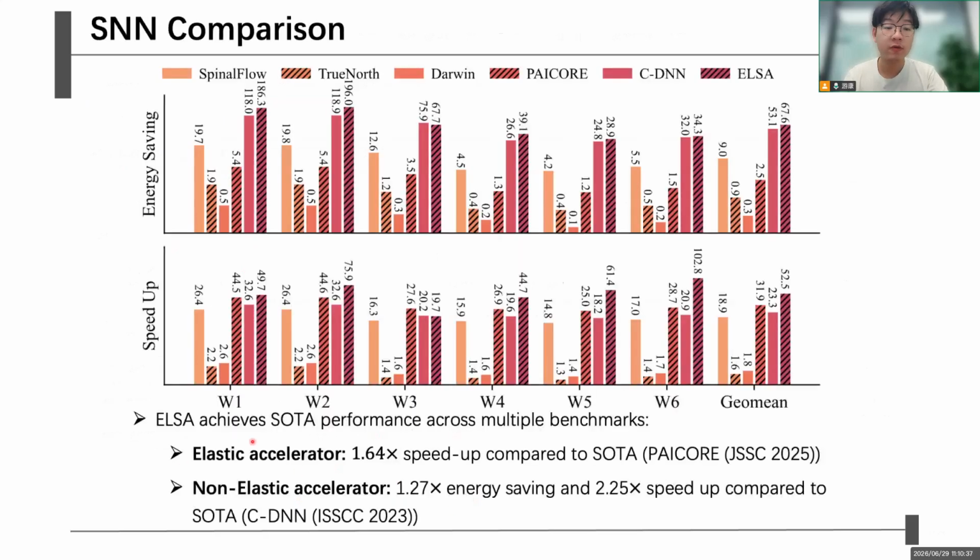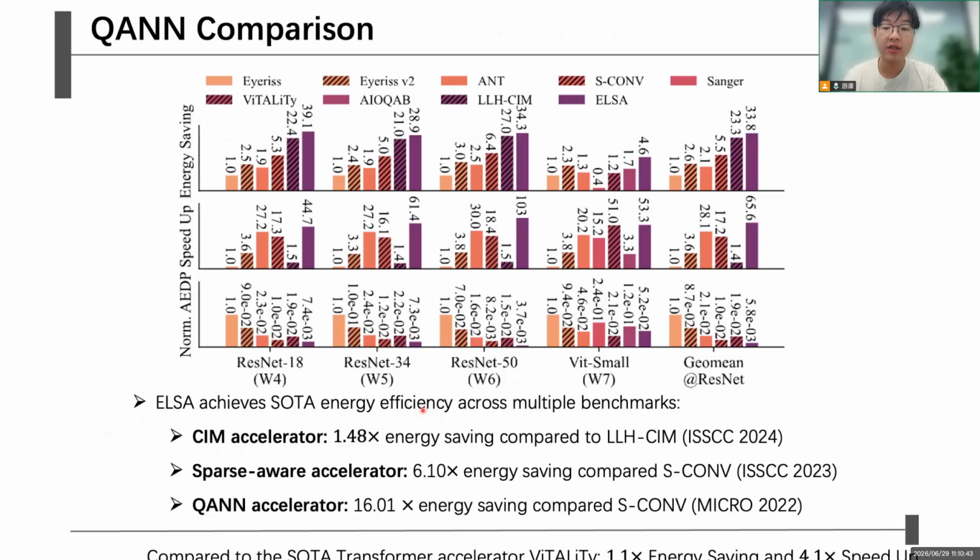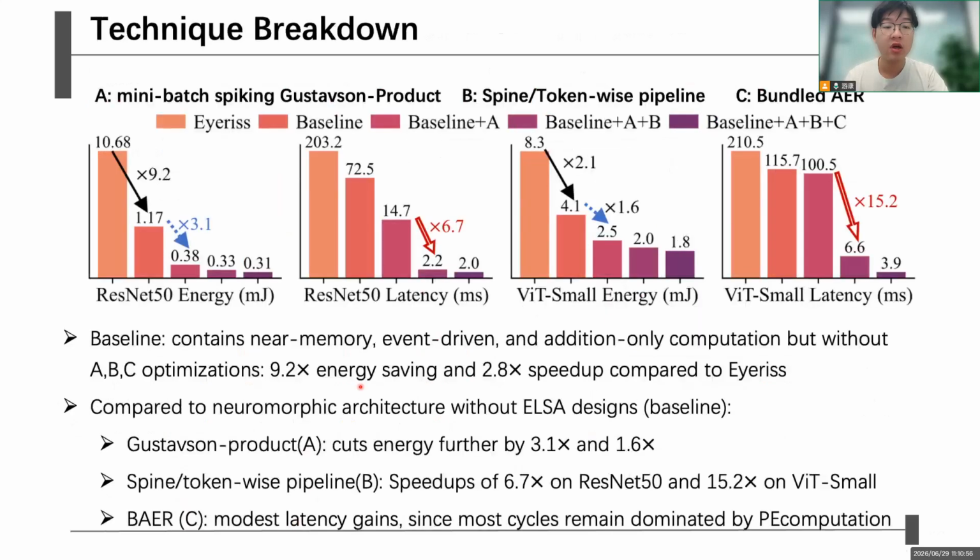ELSA achieves SOTA performance compared to other SNN accelerators. And for QNN comparison, ELSA also achieves SOTA energy efficiency compared to the sparse accelerator and QNN accelerator. We also perform a technique breakdown for ELSA.